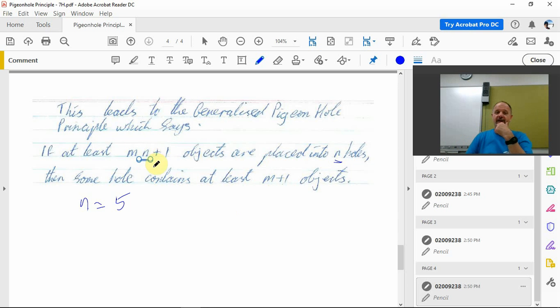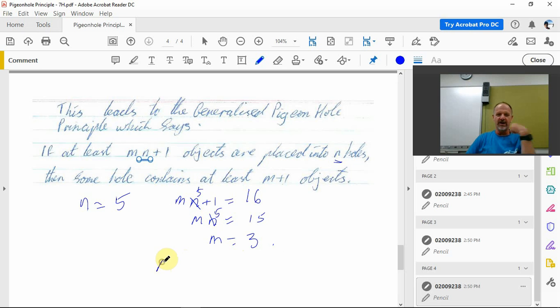And mn plus 1 objects, the number of objects, so mn plus 1 was equal to 16, so mn was equal to 15, and because n's 5, m is equal to 3.